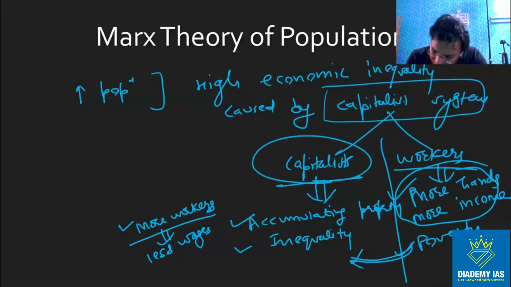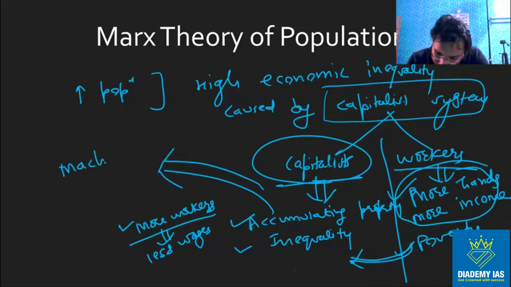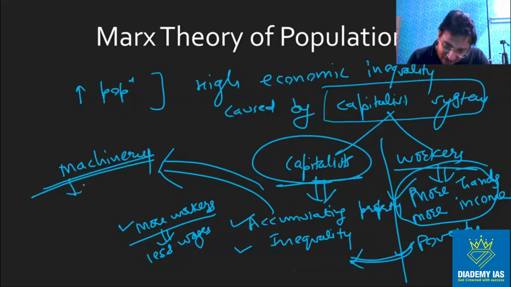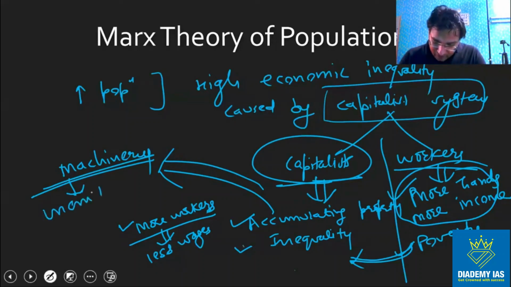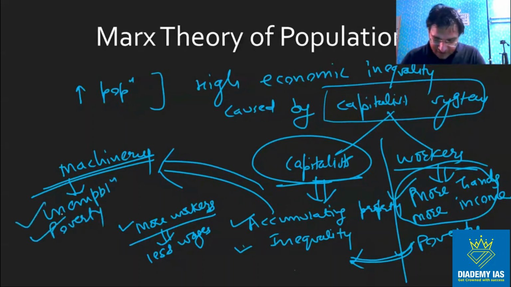Because when these capitalists accumulate property and wealth, they deploy more machinery, and because of machinery, fewer workers are required, leading to unemployment and poverty among the working class, right? So the capitalist class is responsible for everything. Okay? So this was Marx's theory. Marx said that all the problems in the world are because of the capitalist system.